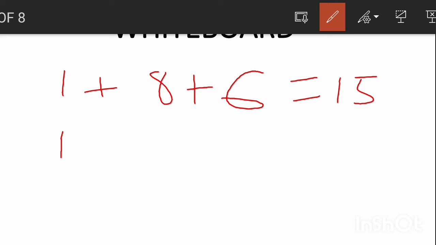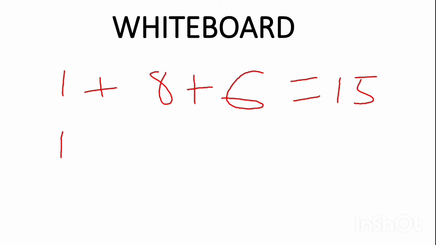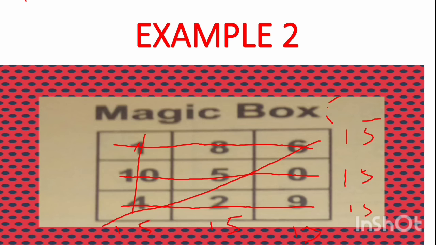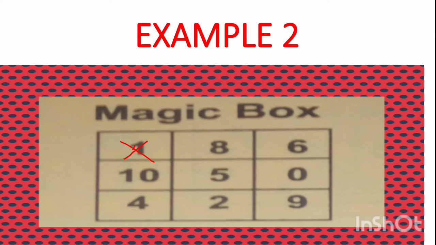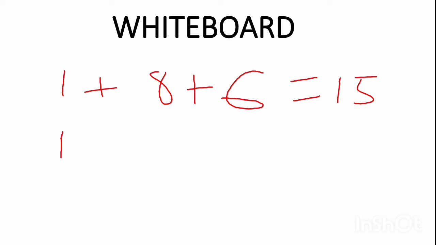So if one number is missing, if for instance 1 is missing in the box, let's look for 1. Let's go to the box again. You can see 1 is here. If this very 1 is not given in this box, this is what you do. You've already known the sum of numbers in each line.